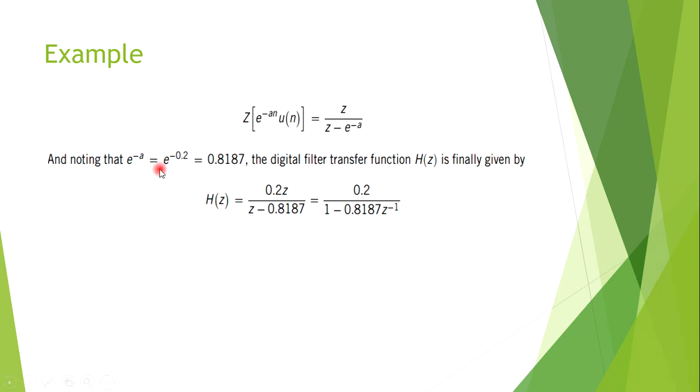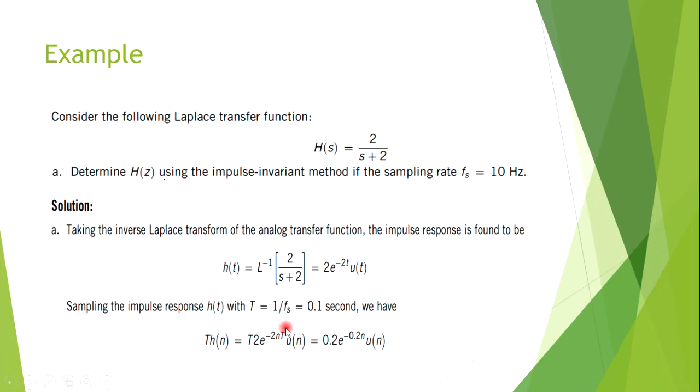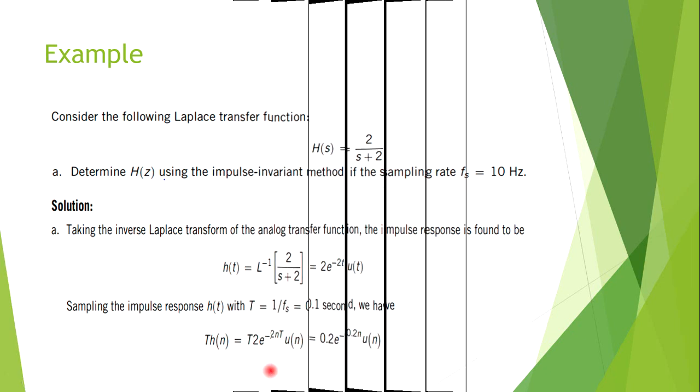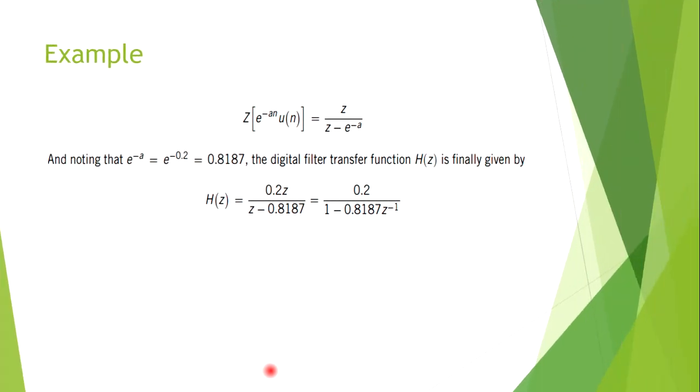So just e to the power minus a, here a is 0.2 because in the previous result we have seen that a is 0.2. So substituting the values, this will be the transfer function of the desired filter.